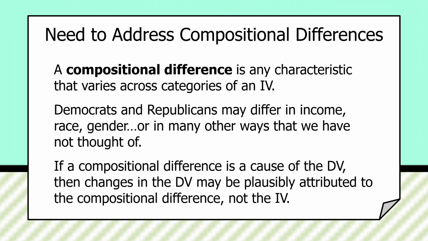If you find a compositional difference across the independent variable, and let's use gender for example, but that compositional difference is not also related to the dependent variable, then you don't have to worry about anything because there's no causal linkage between the compositional difference and the dependent variable. But if the compositional difference is also a cause of the dependent variable, then we have to control for its effects because we may be confusing the effect of the independent variable with the compositional difference.